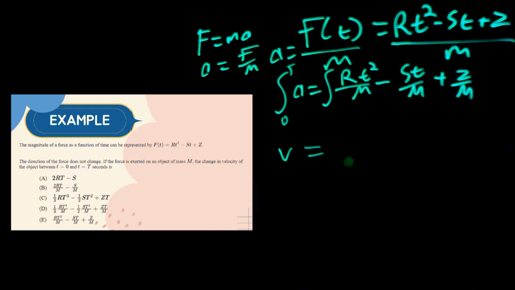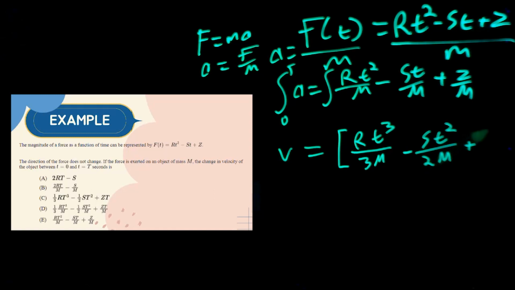So this velocity is equal to r over 3m t cubed minus s t squared over 2m plus z over m t. And then you evaluate this from 0 to t, plugging in those t's for the first value on the top first, and then you subtract the one on the bottom.